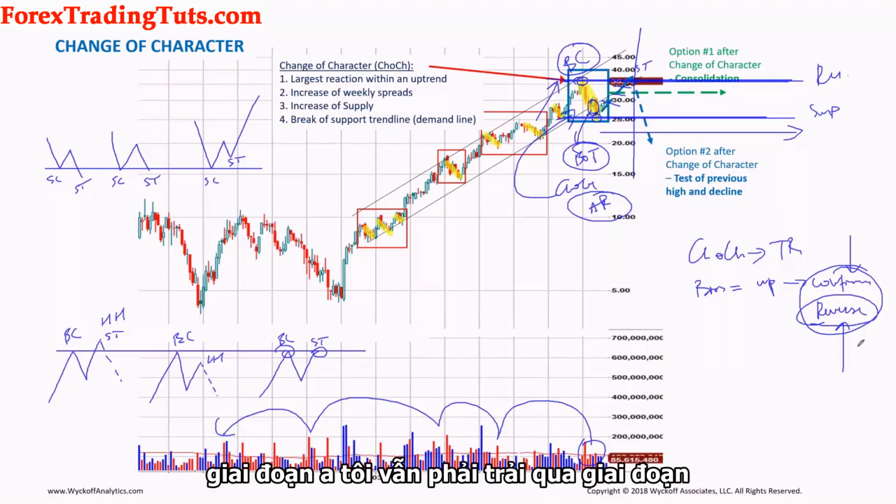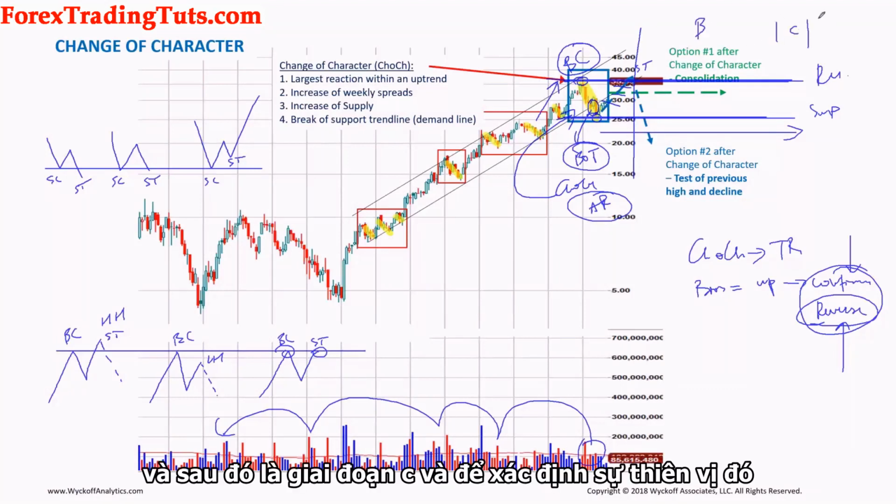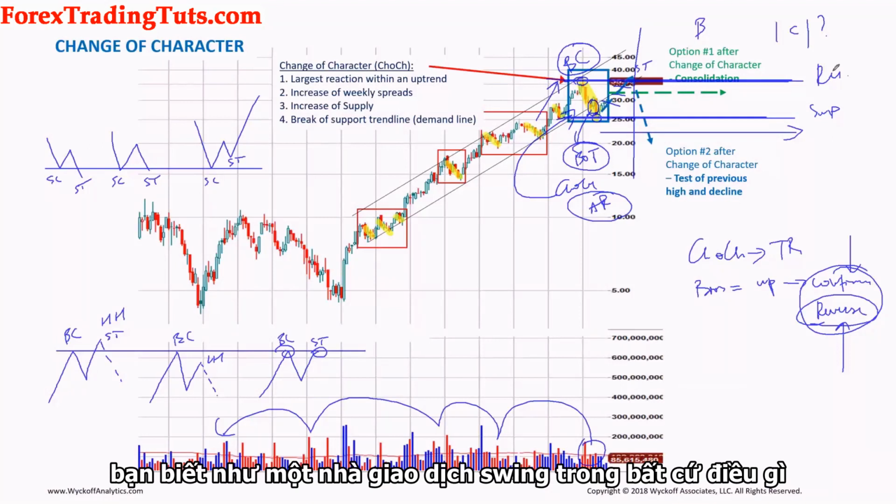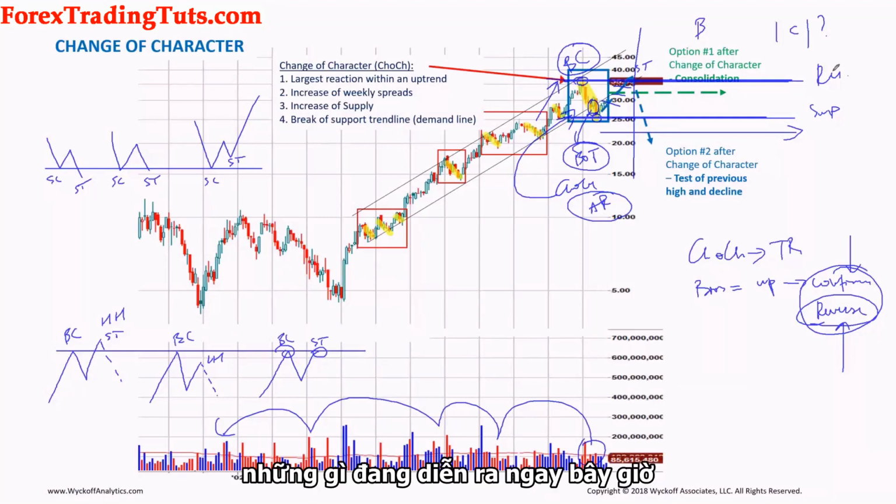This is just phase A. I still have to go through phase B and then phase C and to define that bias, going into phase C. So I will not be participating, as a swing trader, in anything that's unfolding right now.